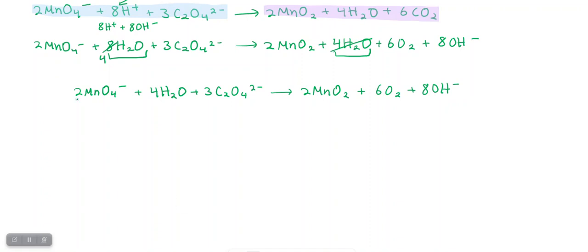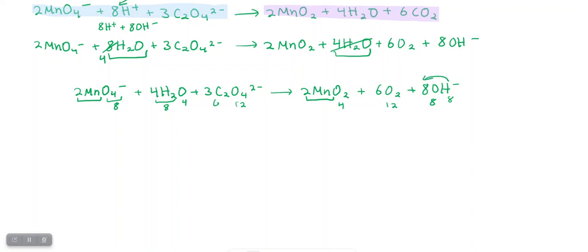So we have 2 manganese atoms, so that's done. The oxygens, we have 8 over here, 4 here, and 12 over here. Here we have 4, 12, and 8, so those all add up correctly. Here we have 8 hydrogens, and also 8 hydrogens here, because of the coefficient.